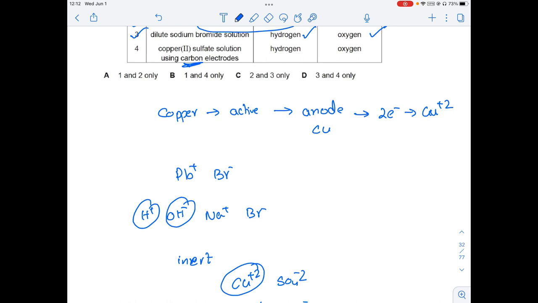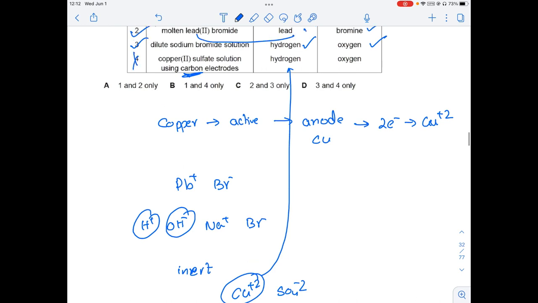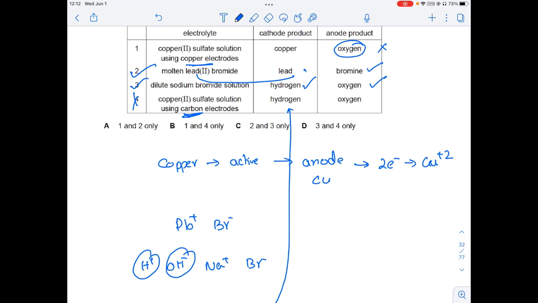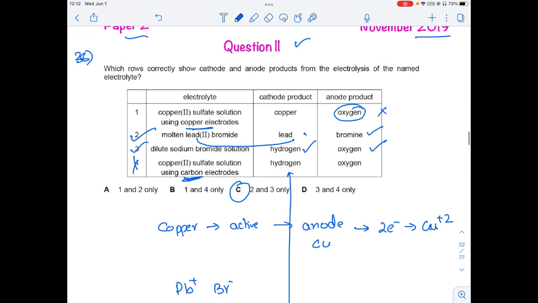If it is inert, the copper plus 2 will be going to the cathode, and I should be getting copper rather than hydrogen. So therefore option 4 is wrong. So we have only option 2 and 3, which is C. That's going to be the answer.